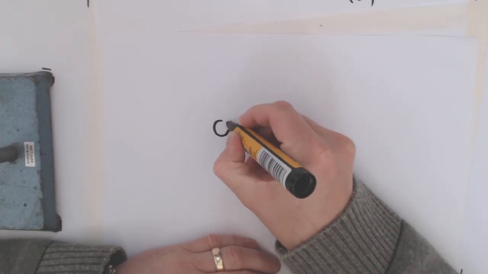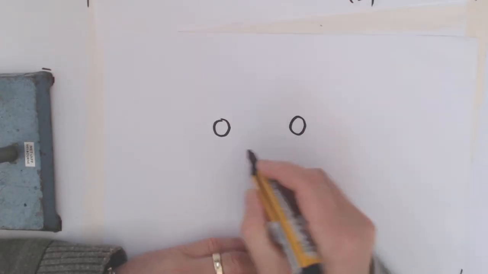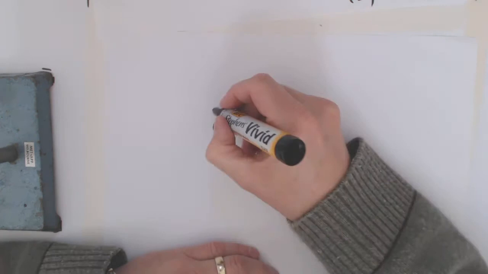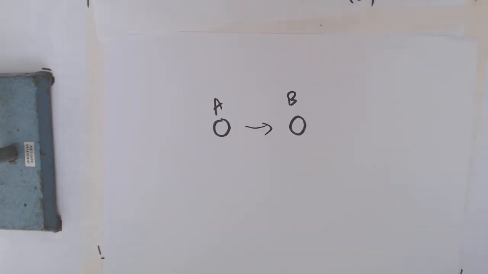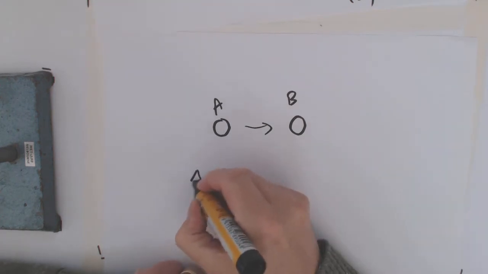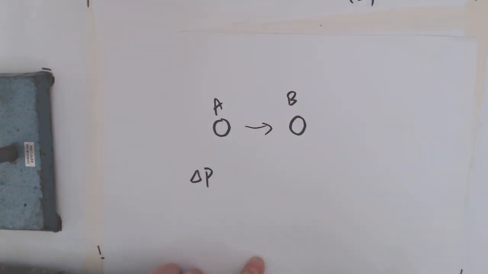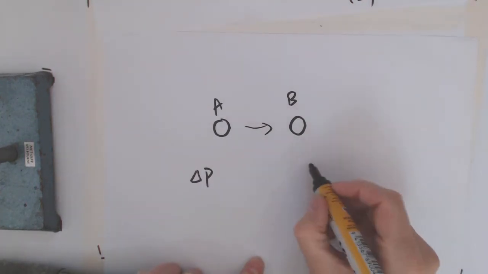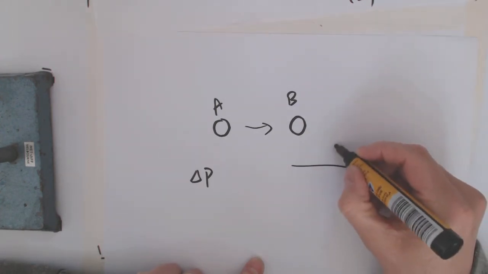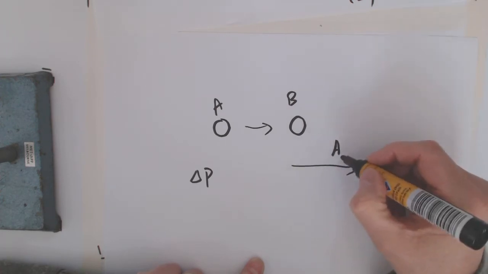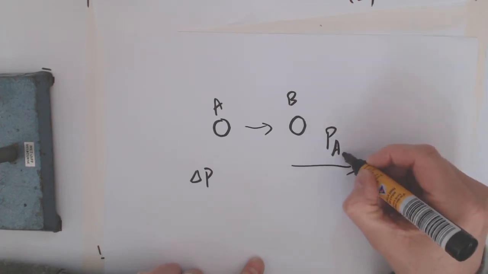When a ball hits another ball, like that, A hits B, and you get this momentum, you can calculate something called change in momentum. So if ball A had a momentum like that before, that's the momentum of ball A before.